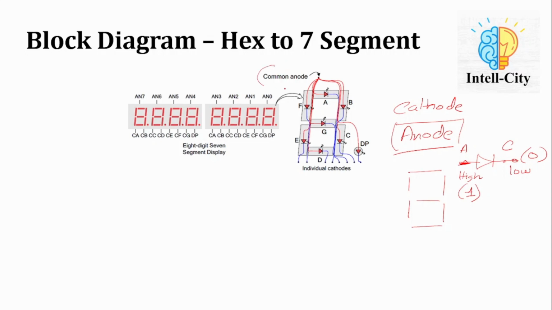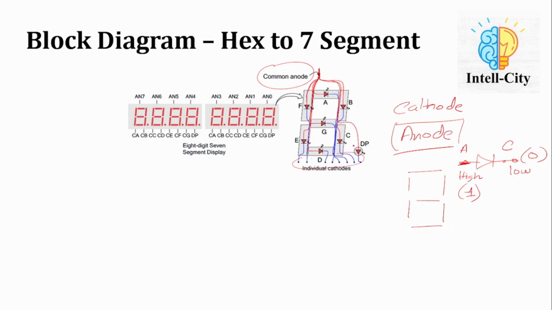So common anode configuration is just like this: the anodes of all LEDs are combined together to form a single terminal, or you can say a pin, and that pin is called common anode. And all other pins, or you can say the cathode terminals of these diodes, are placed over here.